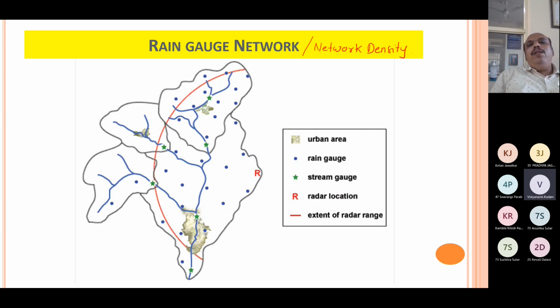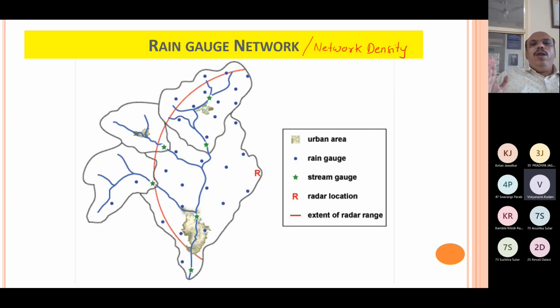In order to calculate this average rainfall value, there should be an optimum number of rain gauges in the area. Only then do they provide the accurate value of average precipitation of the area. So there is a need to calculate the optimum number of rain gauges required in a catchment area.